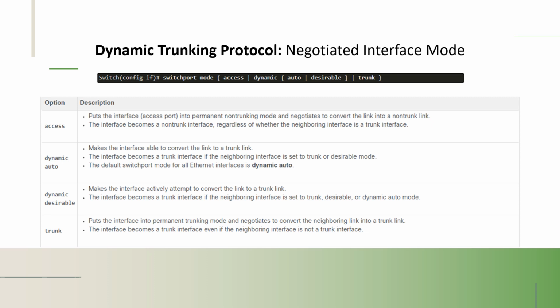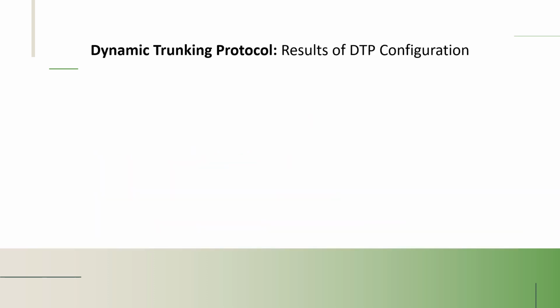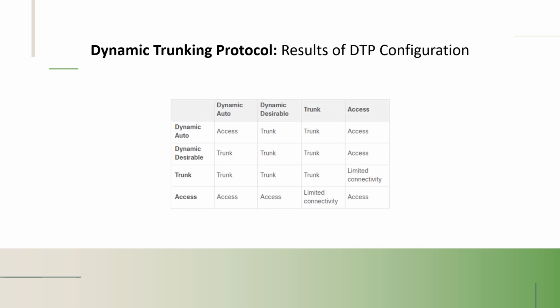So, depending on this, results for a dynamic trunking protocol configuration are illustrated here in this table, depending on the option on opposite ends of a trunk link connected to the switches. As you can see, if we have dynamic auto and dynamic auto on both ends, the link will be in access mode, and so on.